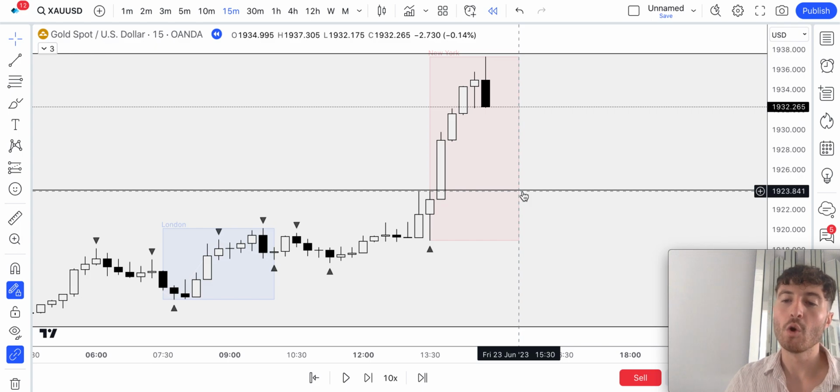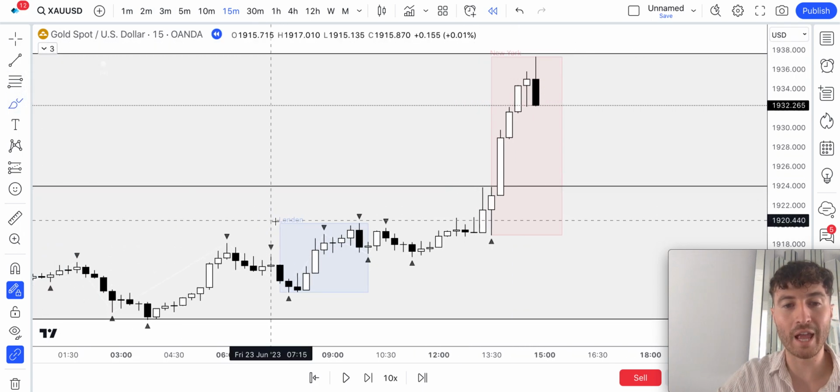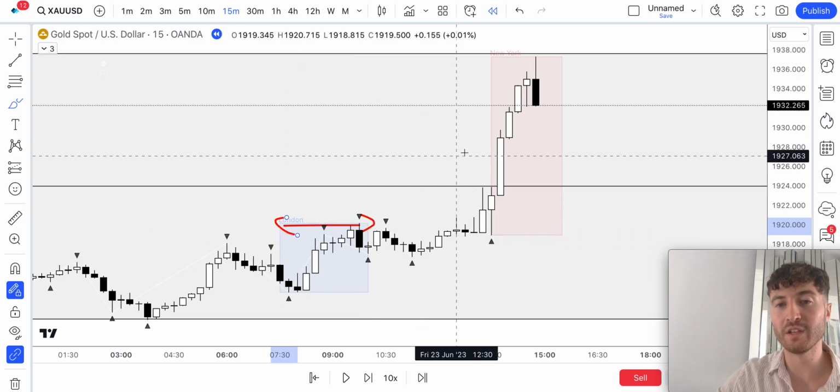We're only looking at executing trades in these sessions, the London and New York session. We're not bothered about any price action in between. We don't care about what's happened in Asia too much, or at least we're not looking for entries in the Asian session. We're only interested in the time within these kill zones.